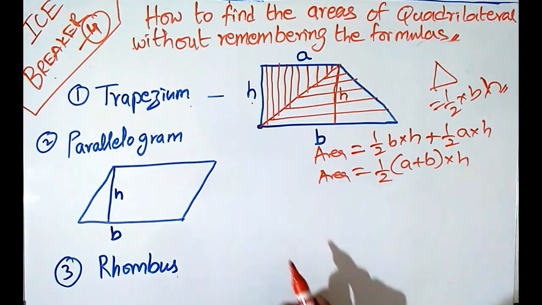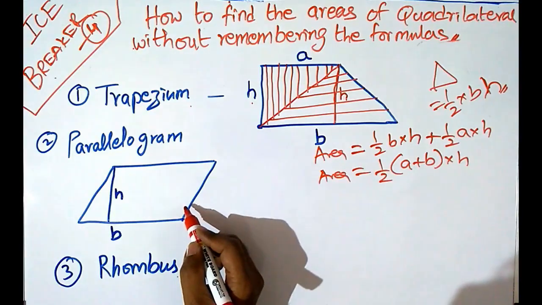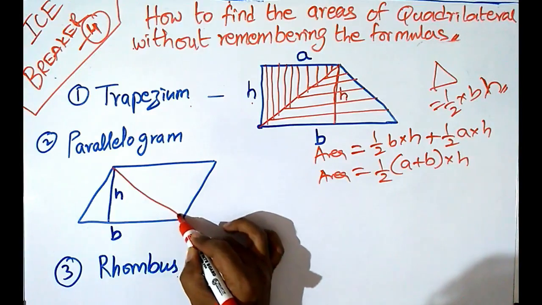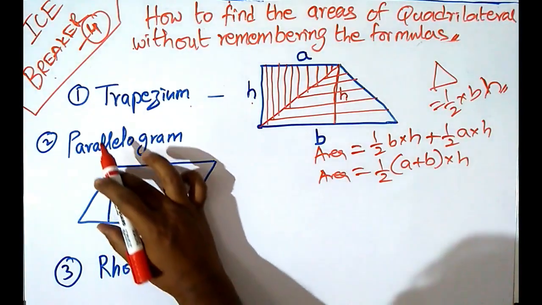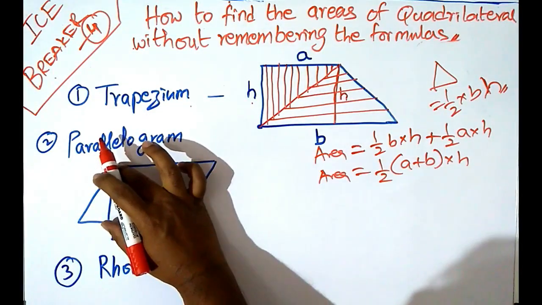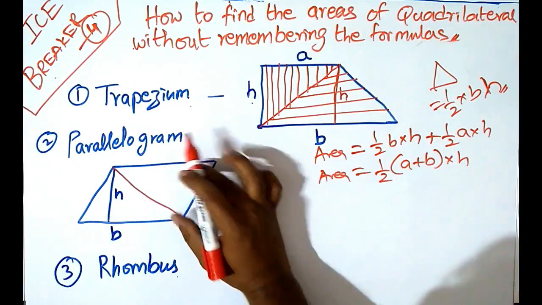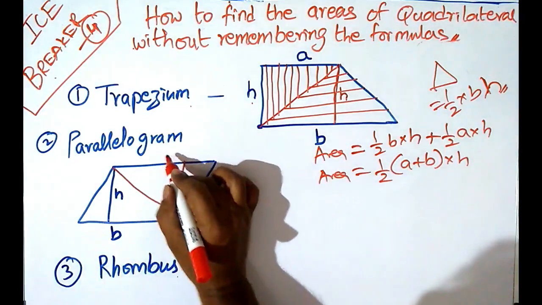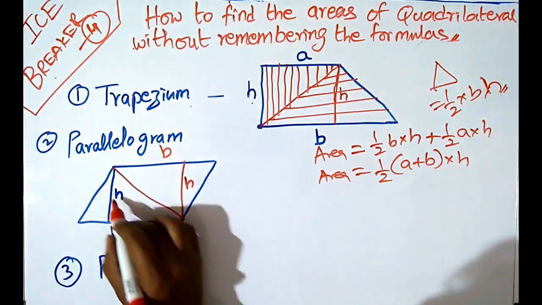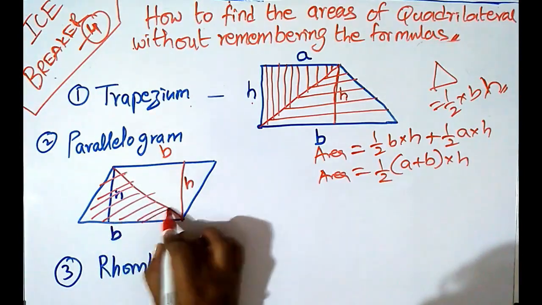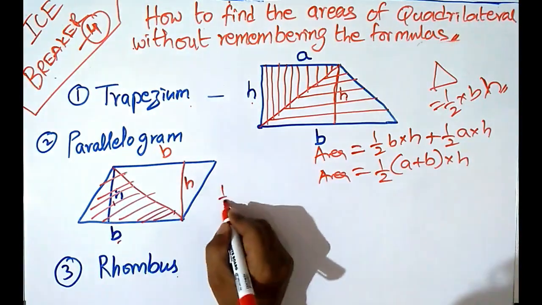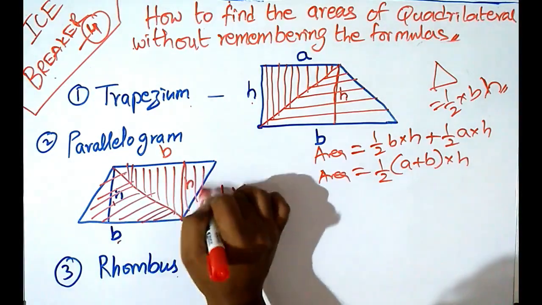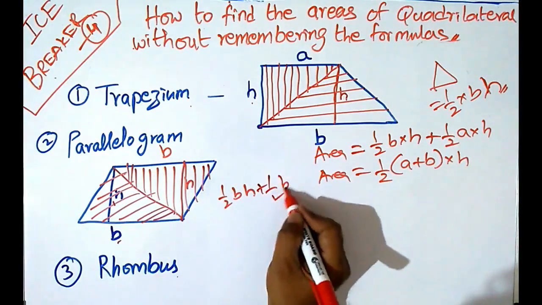In the same way, if you got confused with the area of the parallelogram, then you can draw a line like this, and the same distance between the parallel lines exists here, and the opposite sides are equal in the parallelogram. This triangle's area is half BH, and this triangle's area is also half BH.